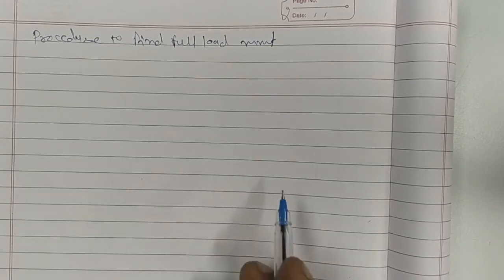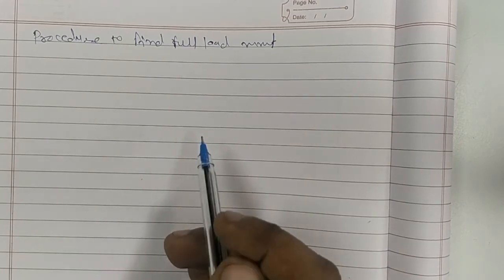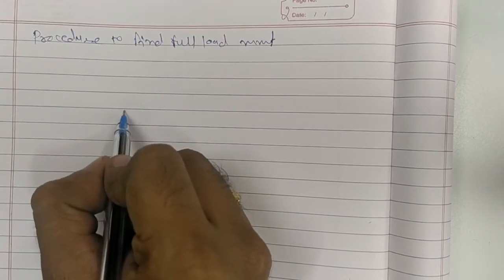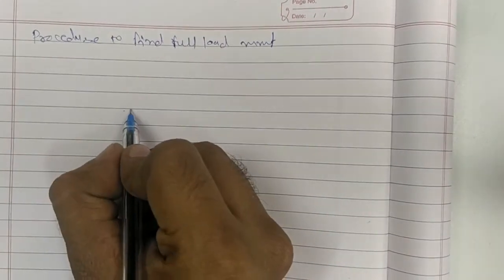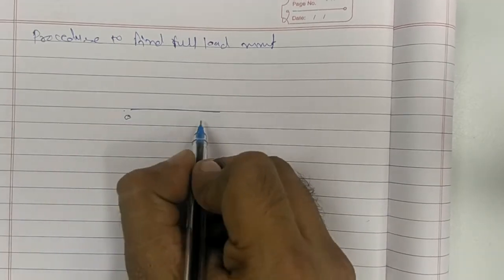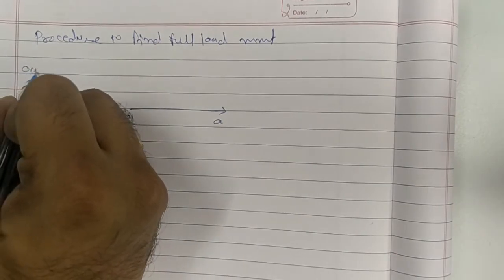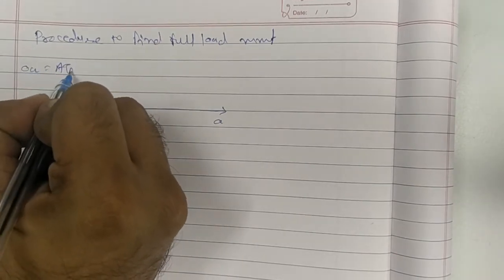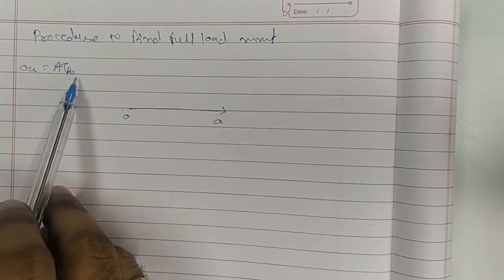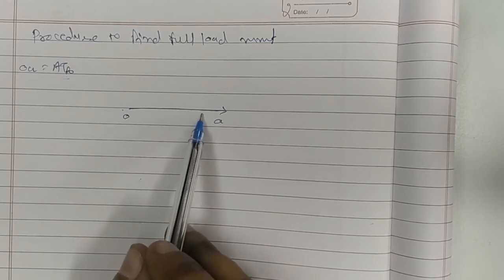So you know the value of ATF0, the no load MMF. The first step is to draw OA, where OA is similar to the ATF0. You need to take a certain scale, that this much ampere turn is equal to this much centimeter, and that centimeter length you can draw over here.